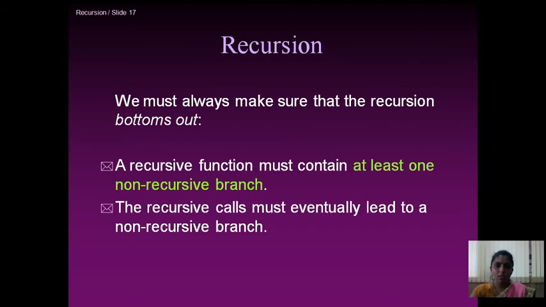When the recursive function reaches that base condition, it has to stop executing further and come back, in reverse. The recursive calls must eventually lead to a non-recursive branch. Whenever we perform recursive calls, somewhere at the end it should reach a non-recursive branch, and only then will it stop. Otherwise an infinite chain will be created.